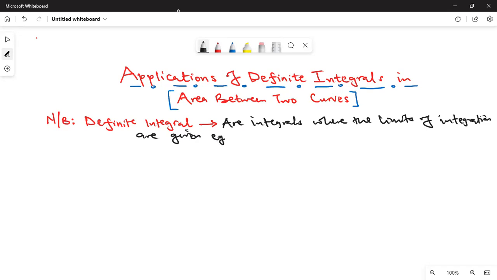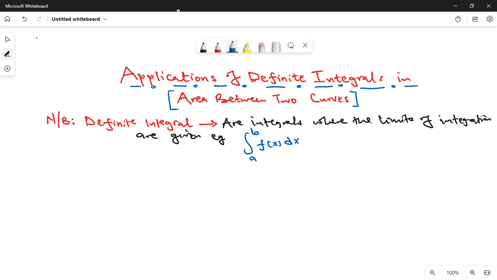E.g., you may be asked to integrate from a to b of f of x dx. So this is an example of definite integral. Let me use another color for that integral. I could use blue, e.g. the integral from a to b of f of x dx.